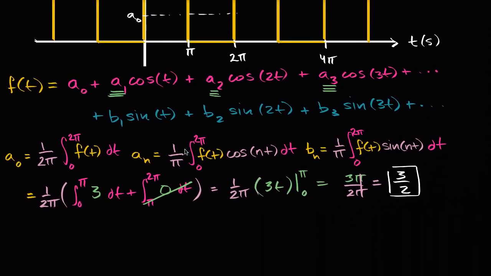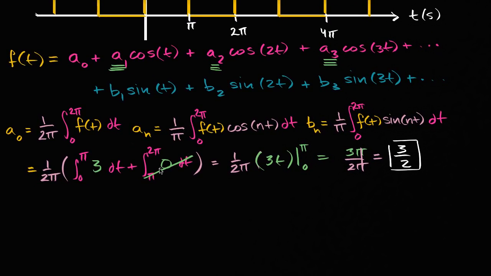So now let's figure out the general a sub n, where n is not equal to 0. So a sub n is going to be 1 over pi, the definite integral. I could go from 0 to 2 pi, but instead I'm just going to cut to the chase and go just from 0 to pi, because the integral from pi to 2 pi is just going to be 0, because the function is equal to 0.